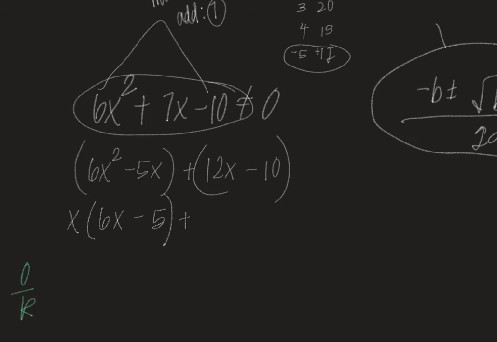And now forget about this binomial and only look at this one. And 12x and negative 10 have a 2 in common that you can pull out, and you're left with 6x minus 5. Well, notice that my 6x minus 5, they're the same thing. So if I pull that out, I'm only left with the x plus 2.